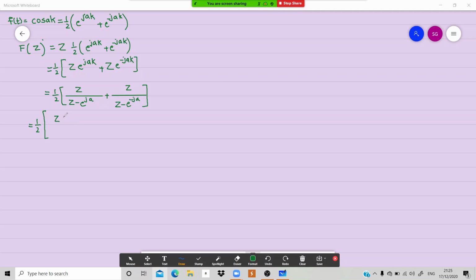So Z times z minus e raised to minus ja, plus z times z minus e raised to ja, whole thing divided by the multiplication of these two terms, that is z minus e raised to ja times z minus e raised to minus ja.